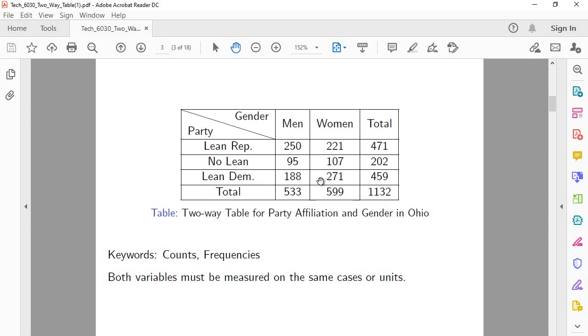I hope you understand what the numbers in the table represent. These numbers are called counts or frequencies.